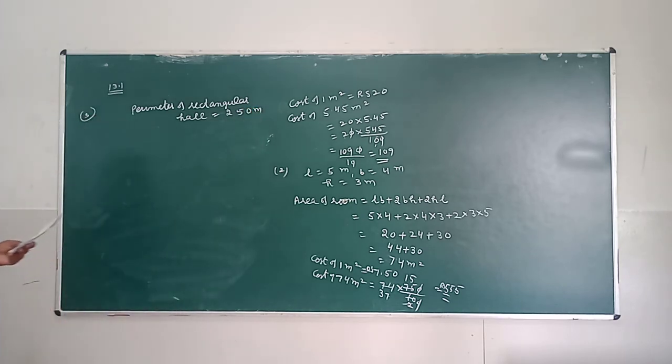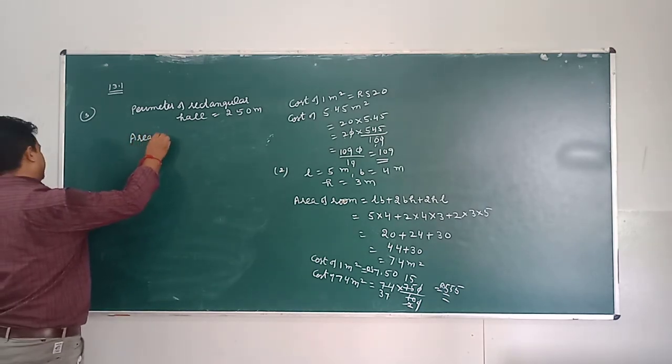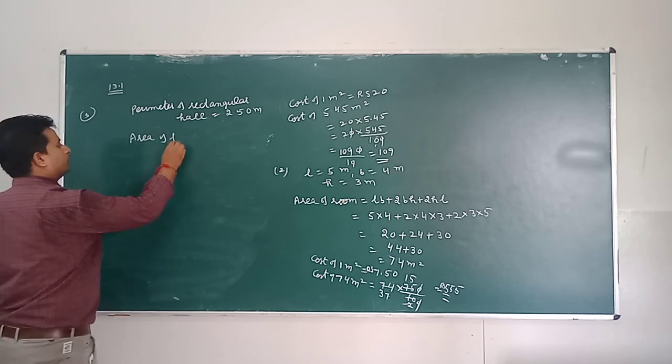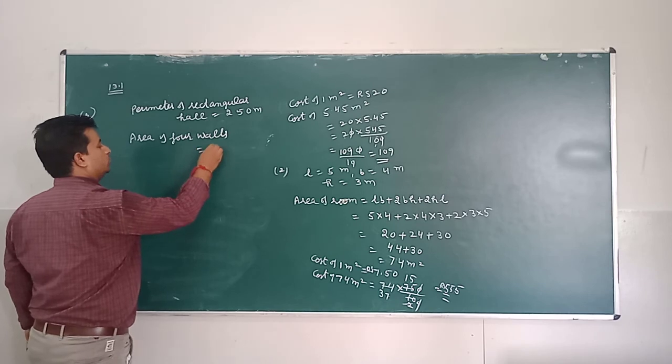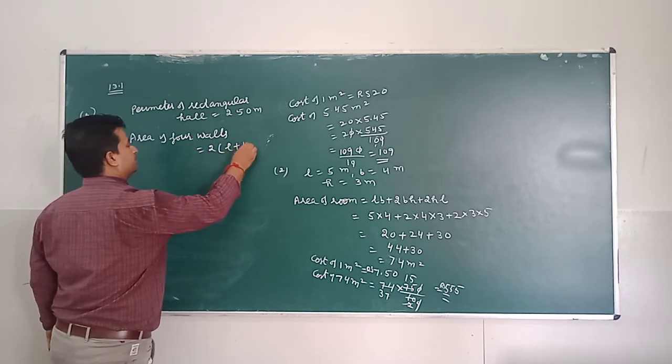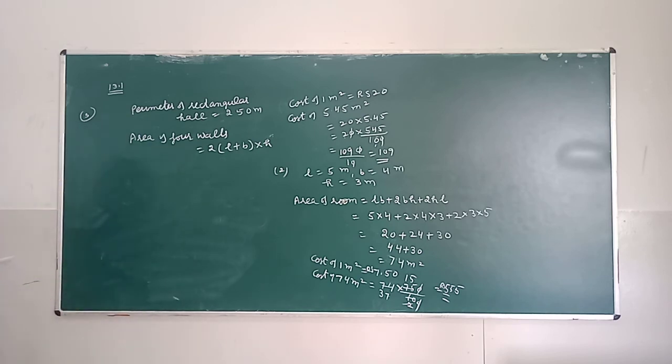If the cost of painting the four walls at the rate of rupees 10 per meter square is 15,000, find the height of the hall. First in this question, we find the area of 4 walls. Area of 4 walls is 2 into length plus breadth into height. This is the lateral surface area of 4 walls.